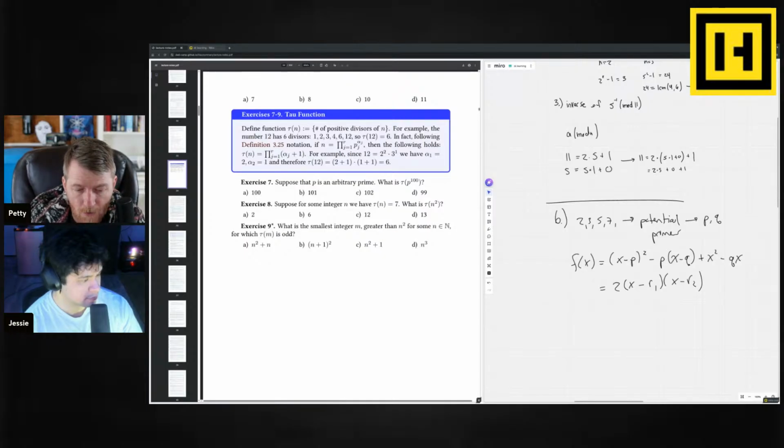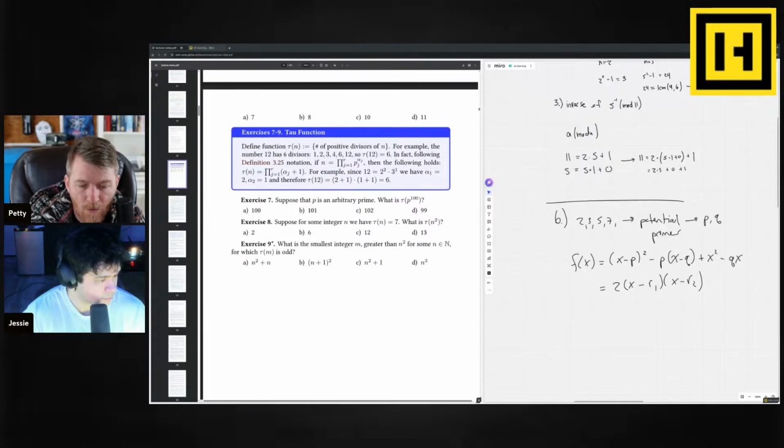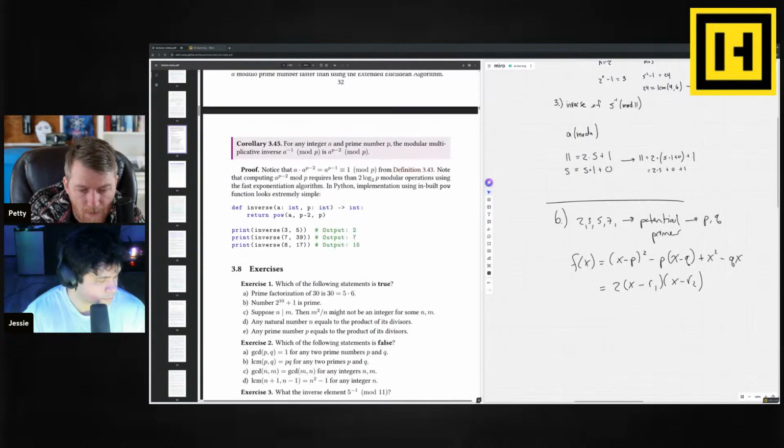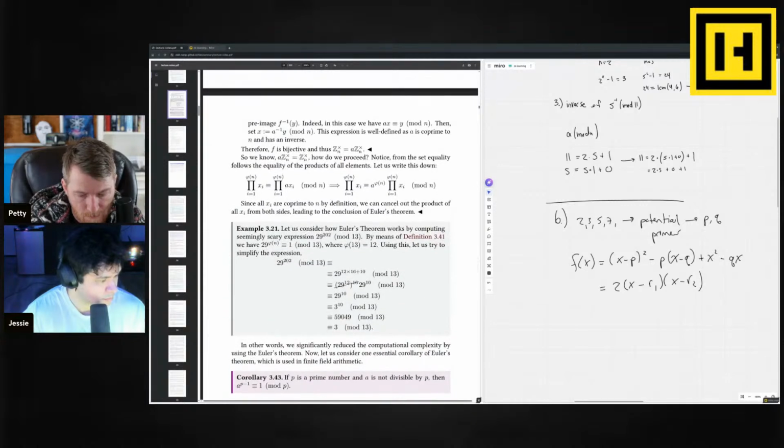So we need to decompose P to the 100. Which we did through, was it Chinese remainder? How did we do that? Euler's theorem? One second.